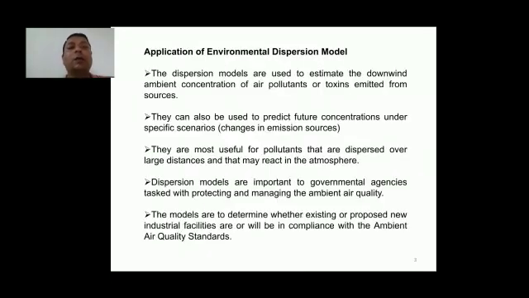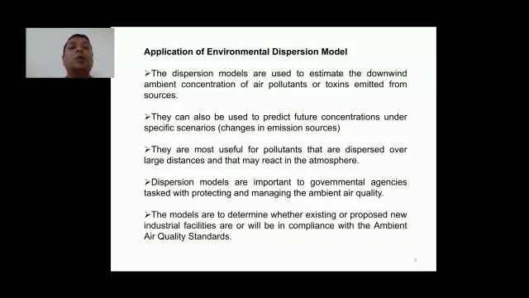So, application of environmental dispersion models. Here we are talking about the mathematical models which we use in the case of air pollution modeling. The dispersion models are used to estimate the downwind ambient concentration of air pollutants or toxins emitted from the sources.